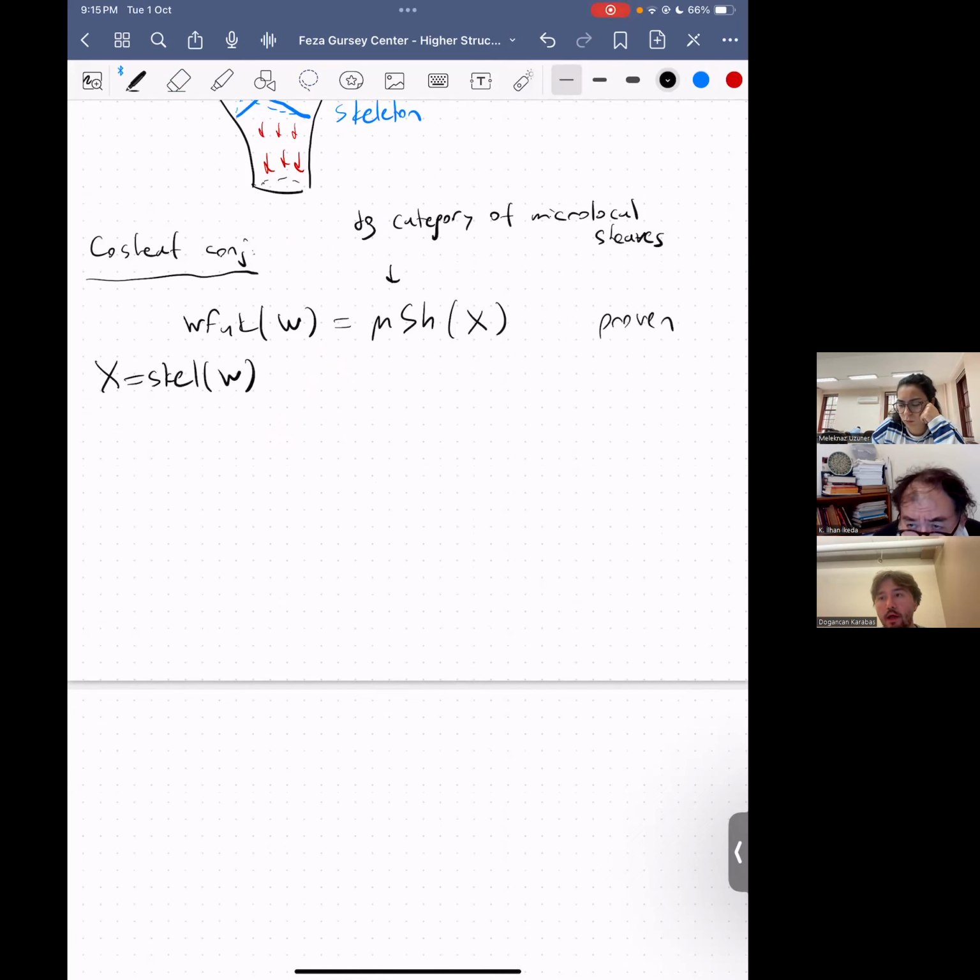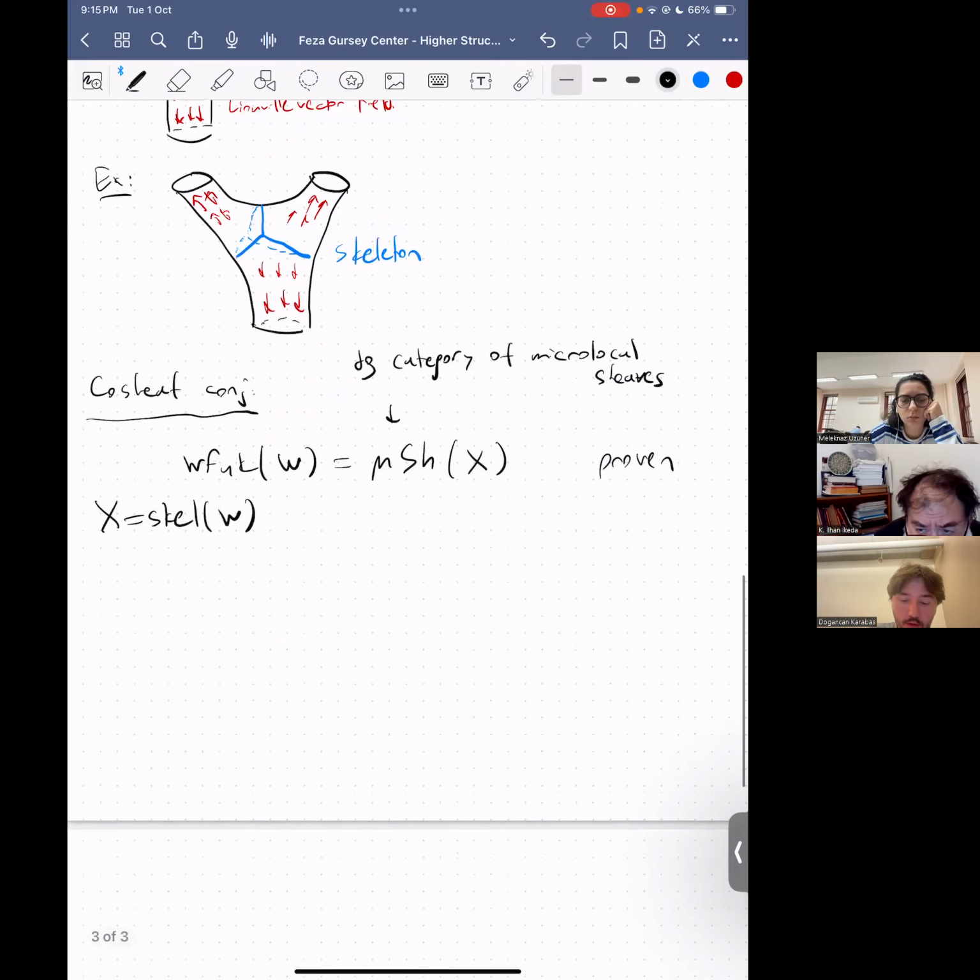So instead of dealing with Lagrangians, we can just focus on the skeleton of your manifold and look at microlocal sheaves on it. Moreover, this is a cosheaf of DG categories. What does that mean?